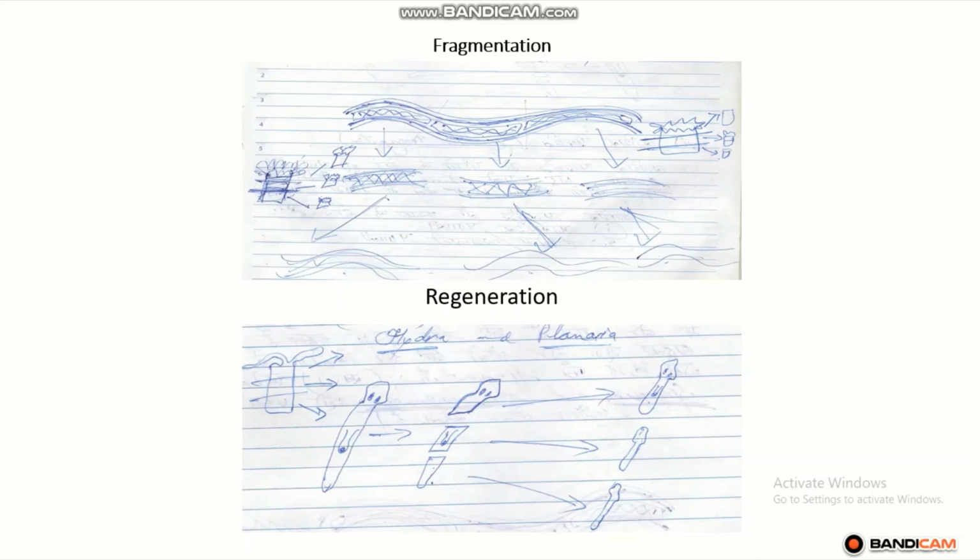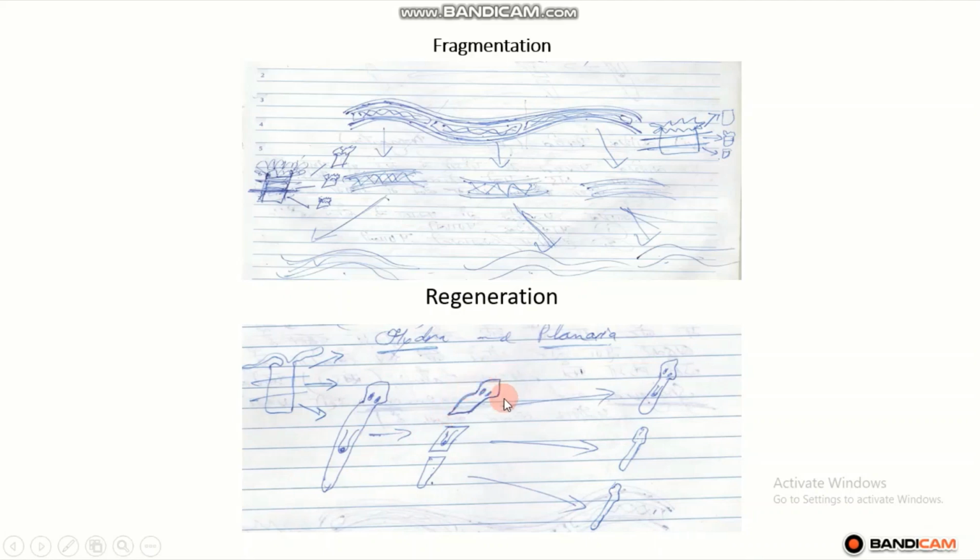It means that if some kind of organism splits its part or breaks its body part accidentally, for example if some enemy cuts their part or there is an accident, that part will become a full organism. That is the meaning of regeneration.